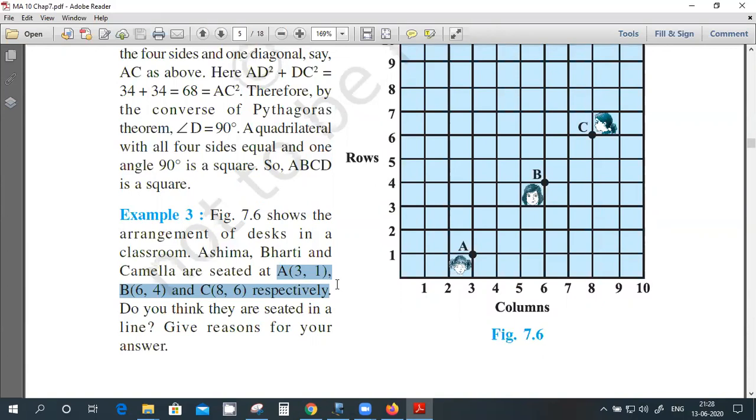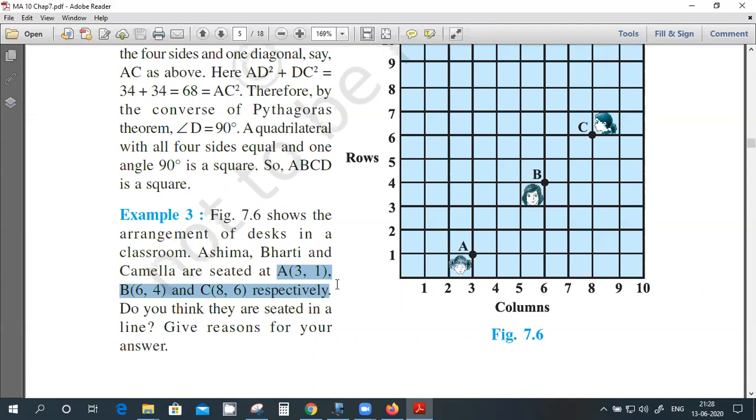Use that formula to find what? We have to find the side of the shape. That will give the length of the side, right? Yeah. So suppose I find length AB, length BC, and length CA.